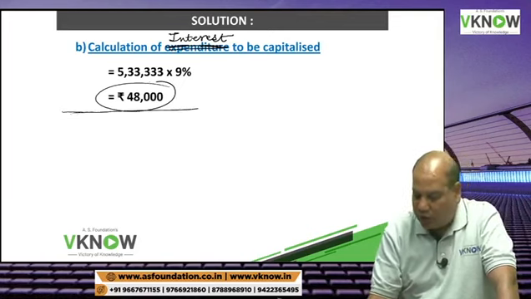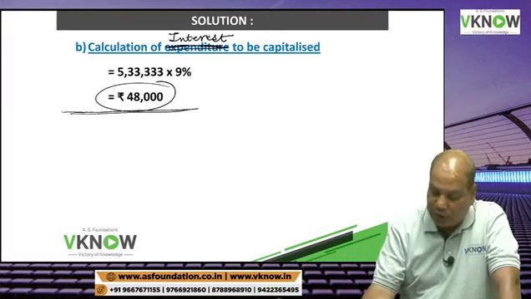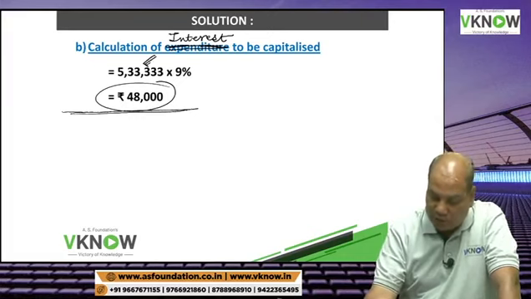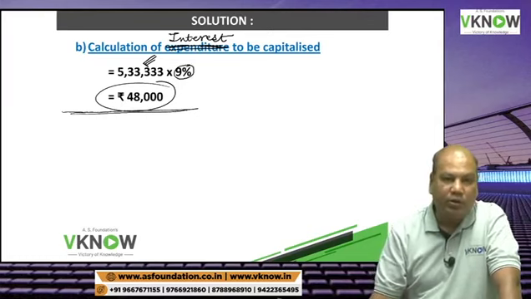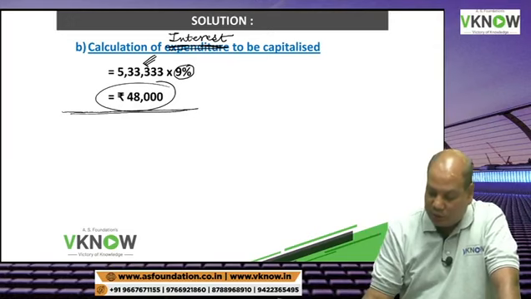This is one way to calculate the interest cost to be capitalized, where we first calculate the average expenditure and just multiply by 9%. Alternatively, for every expenditure incurred, for every line you can calculate the interest.